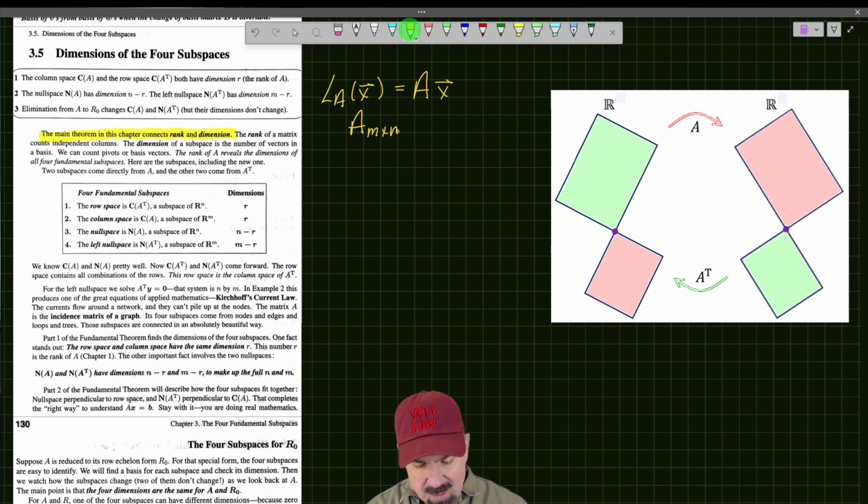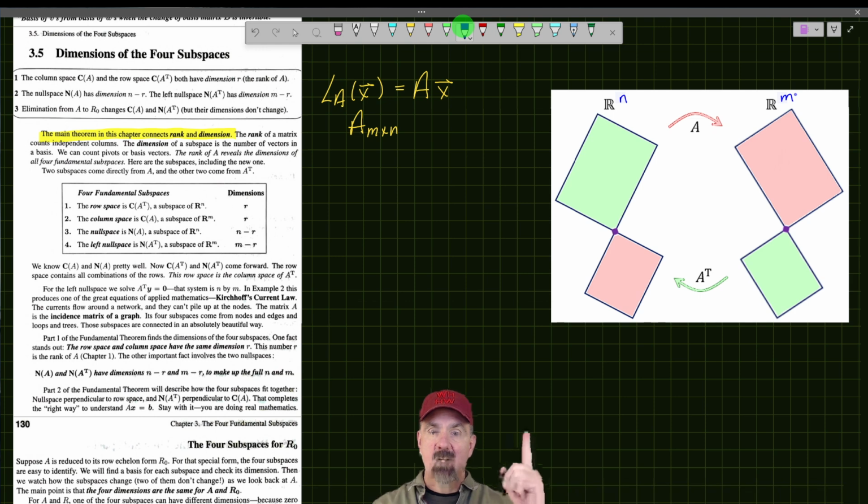We know that the matrix A maps, in general, from Rn to Rm. The input vectors, the x vectors that we're multiplying in, have to have n components in order to be multiplied into our A matrix. And then the outputs are going to have the same dimension as the number of rows. So we'll have vectors in Rm.